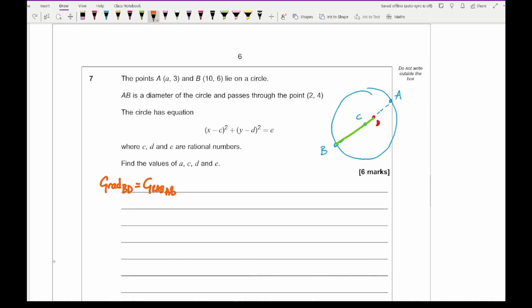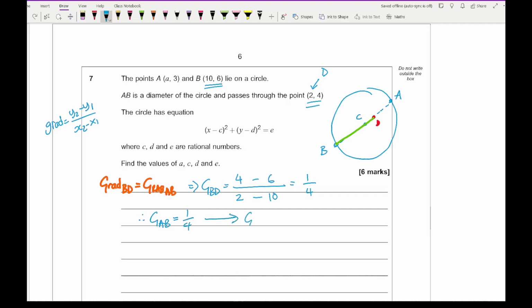So if I work out the gradient of BD, let me choose a thinner pen, the formula I'm going to use for the gradient is y2 minus y1 over x2 minus x1, and I'm going to use this coordinate here and this coordinate here, so let me write this as coordinate D. So then I've got 4, 2, and I've got 6, 10, and if I simplify that I get a quarter. So therefore the gradient of AB equals 1/4.